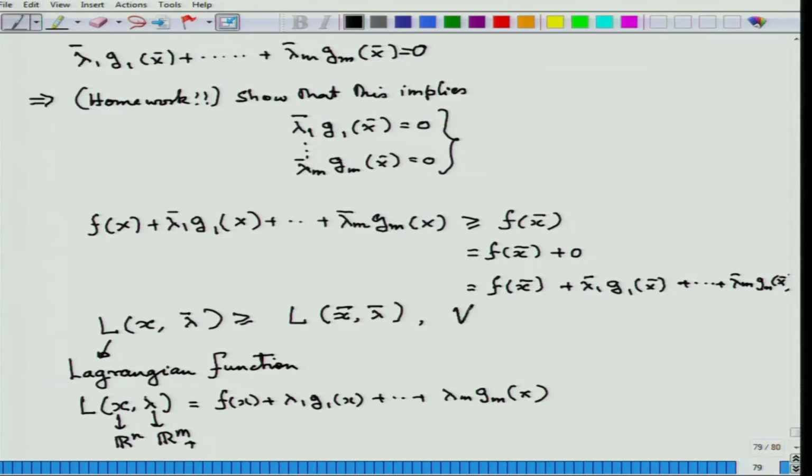So, this is true for all x in X, because I have not chosen that it is only for an x which is feasible. So, this is true for any x in X. I have shown the existence of a lambda bar such that this holds, and this is what is called the Lagrangian function.